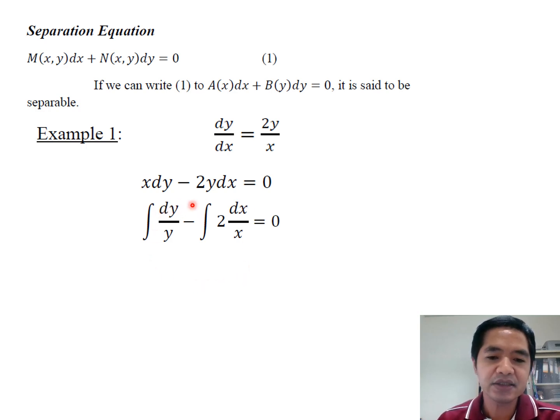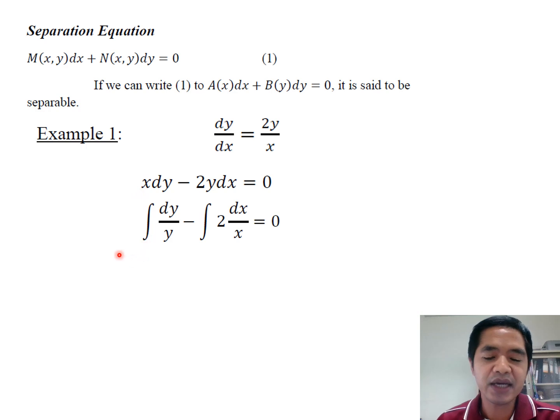You rearrange to get dy over y and dx over x. Here you get dy over y minus 2 dx over x equal to 0. Now in this form, the y term is with dy and the x term with dx. This constant 2 doesn't matter, you can move it to y or to x.